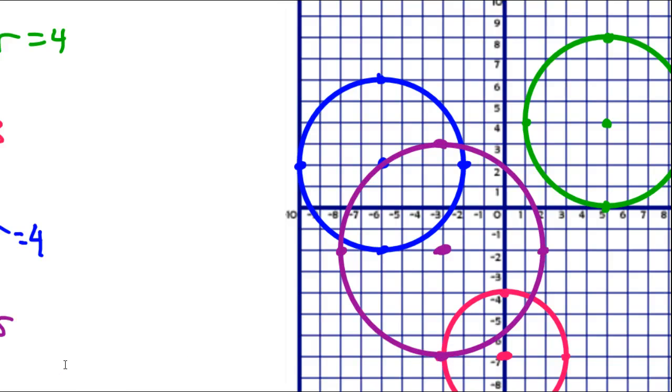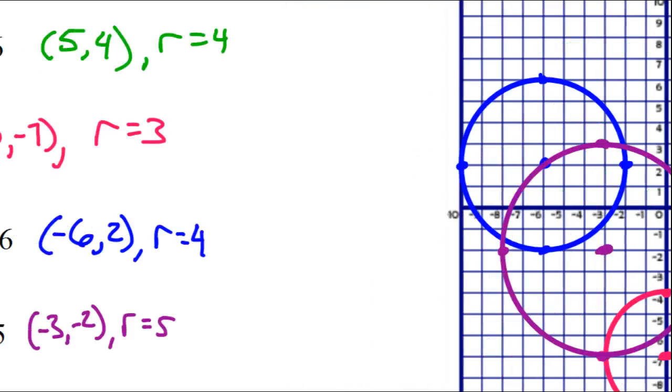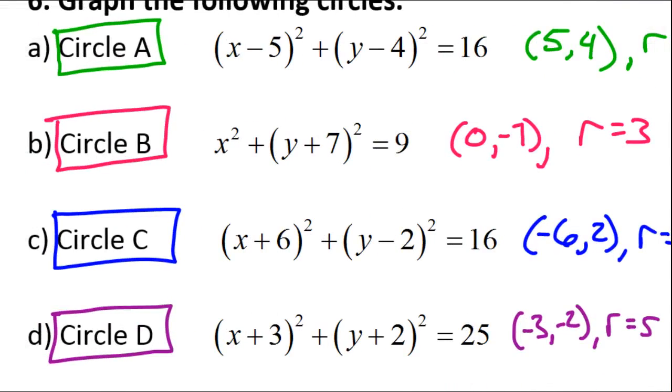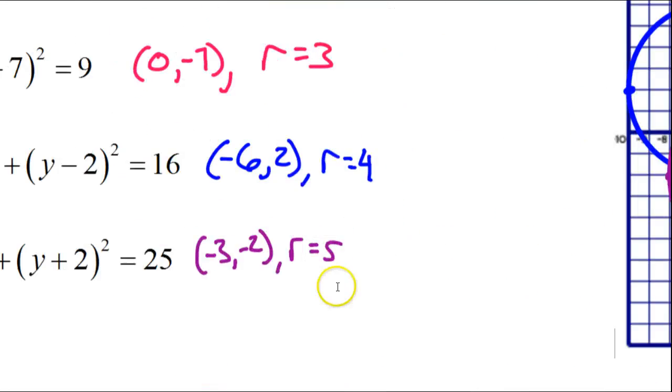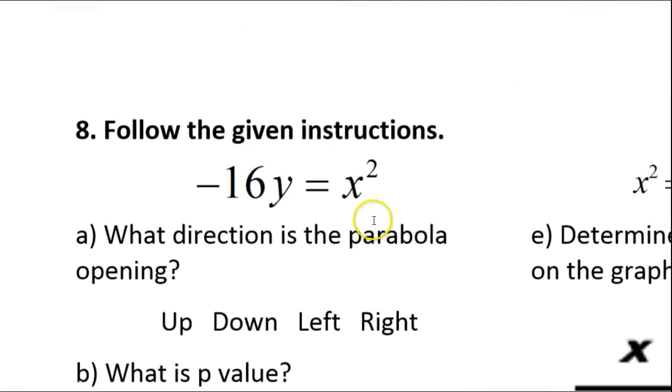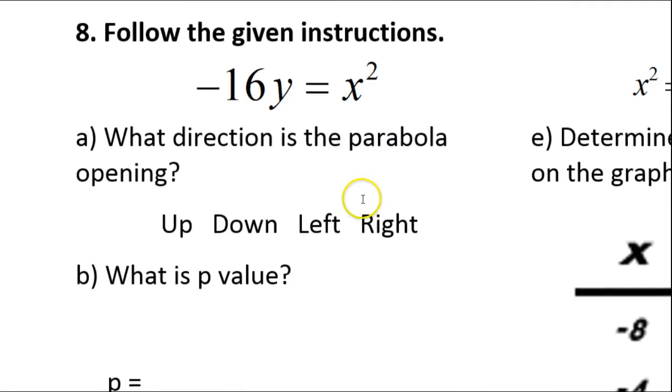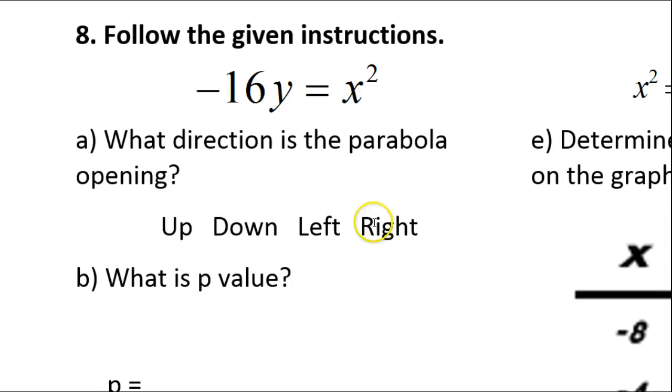All right, so that is what circle D is going to look like. All right, that was number 6. Where's number 7? I don't see a number 7, so I'm just going to do number 8.